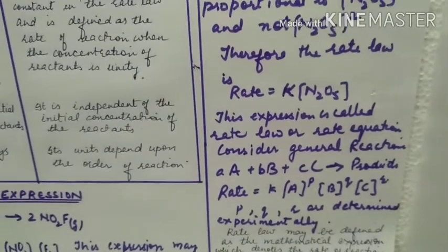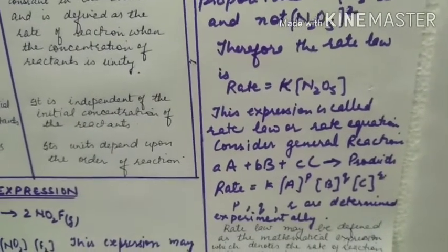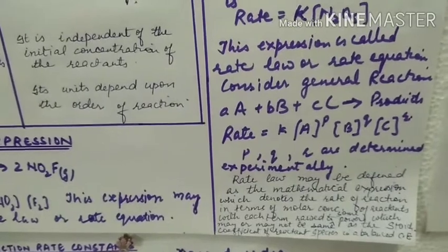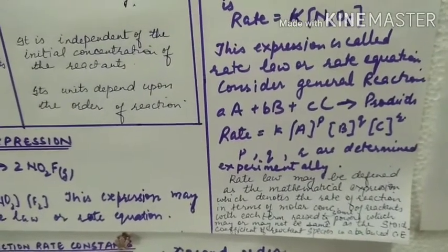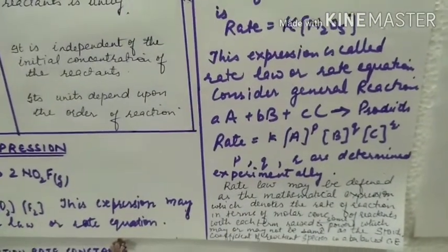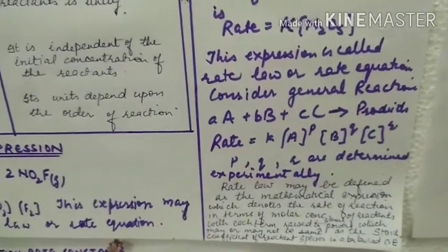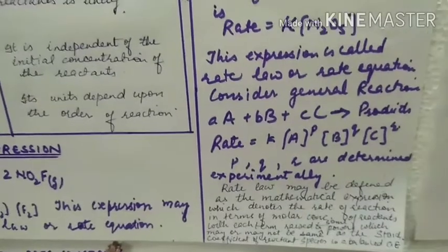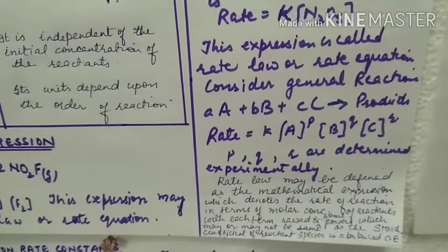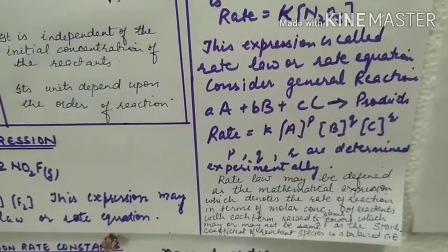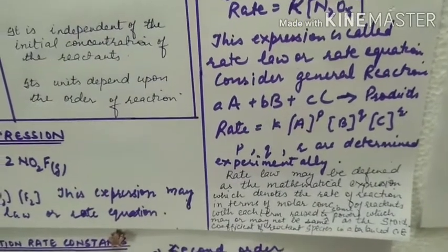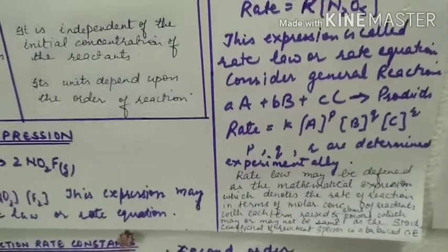So p, q, r are determined experimentally. Rate law may be defined as the mathematical expression which denotes the rate of reaction in terms of molar concentration of reactant, with each term raised to power which may or may not be the same as the stoichiometric coefficients of reactant species in a balanced chemical equation.